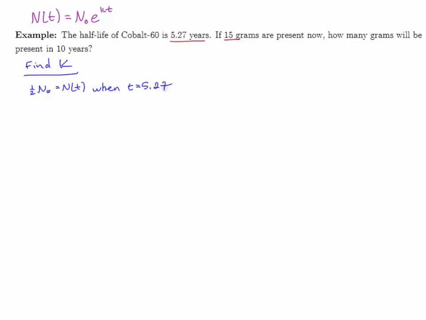What that will tell us then is that 1/2 N naught will equal N naught times e raised to the k times 5.27. Now, we have N naught on each side, so we can divide that out, and that will leave us with 1/2 equal to e to the k times 5.27.